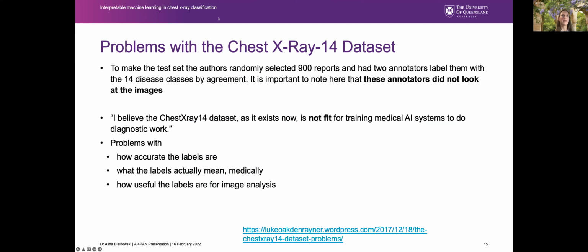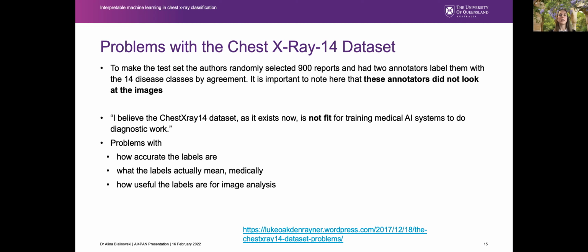What they found is that the way this dataset was collected to create this ChexNet model is that the labels were generated from looking at only the text-based descriptions, and the annotators themselves never actually looked at the images. So even though the machine learning model is looking at the images, these expert radiologists never actually looked at them.